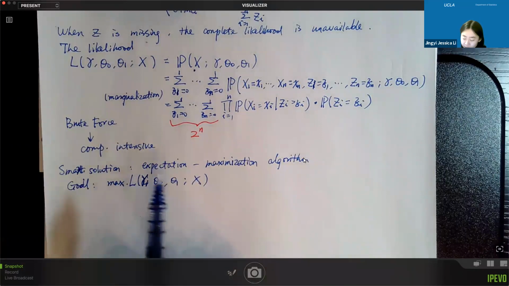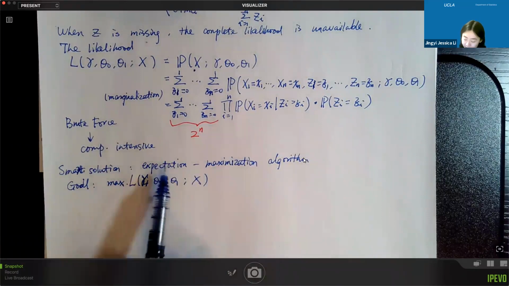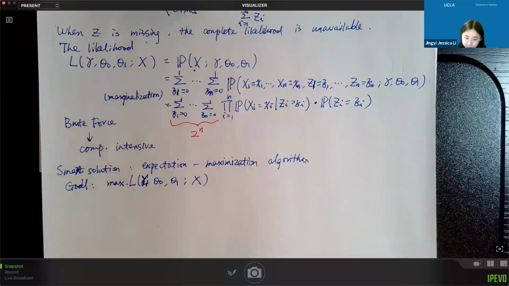By the name, this iterative algorithm has two steps, the expectation step and the maximization step.